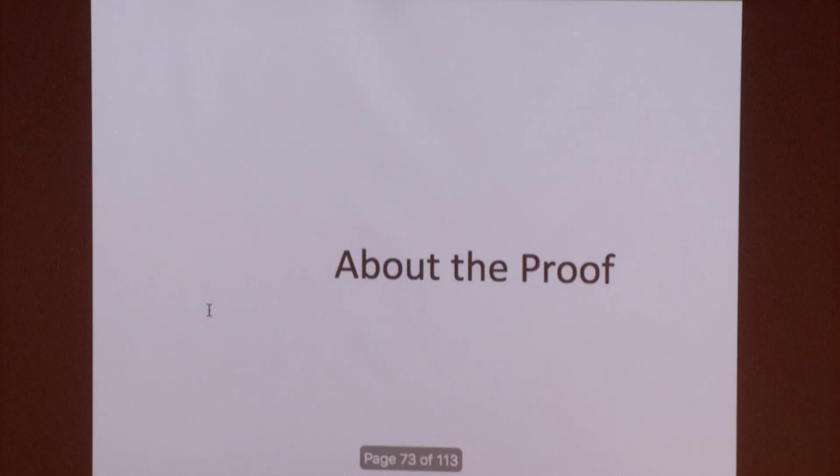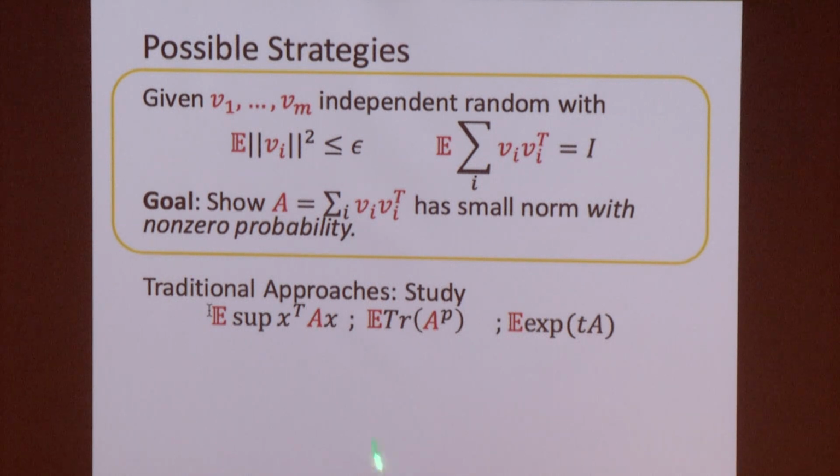Okay. So let me say a bit about the proof. So let's think about how you might want to prove this. What we're given is a bunch of random vectors with these conditions. The goal is to show that the norm of this matrix is small with some probability. So if you try some of the standard non-asymptotic random matrix theory approaches, the usual idea is you don't try to bound the norm directly.